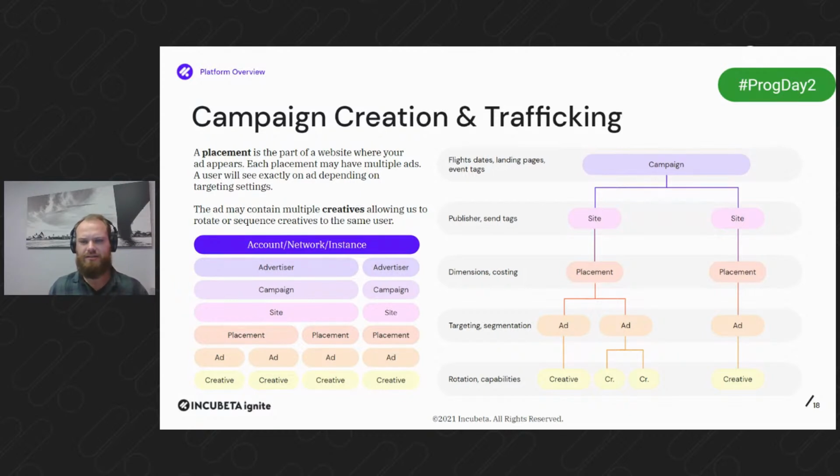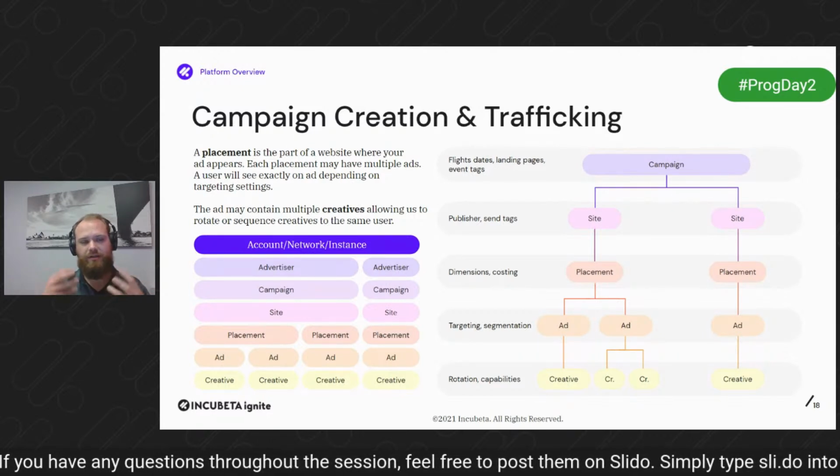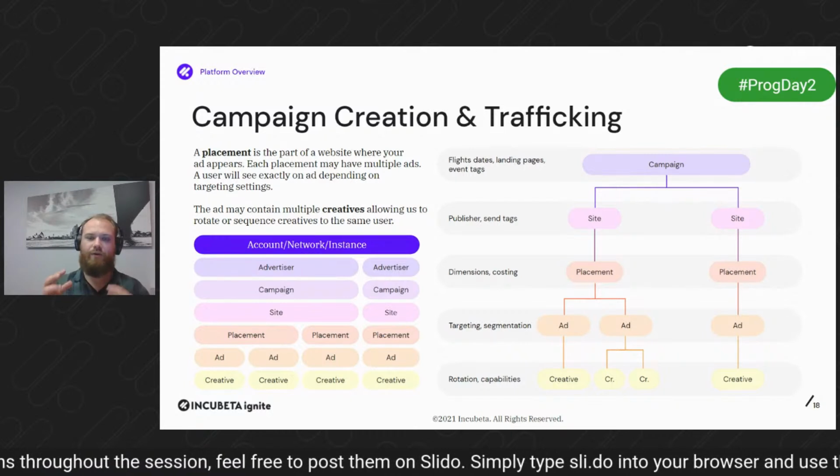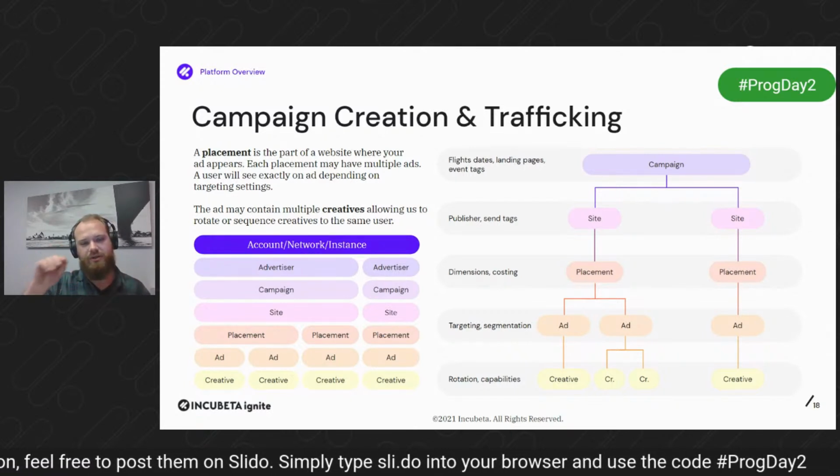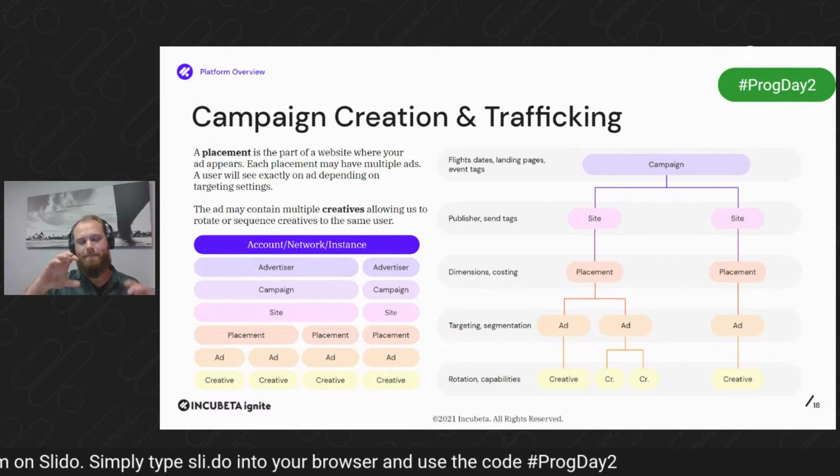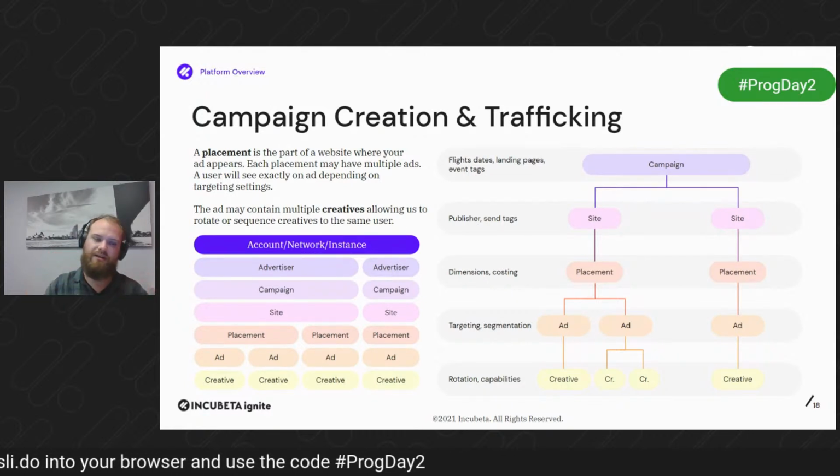The next level down is the ad, which is a way to group similar creatives together. If you have multiple variants of a similar creative, you can group them as multiple ads within one placement. Again, best practice is determined by context, and there may be various reasons to create a varying structure of your ads, because Campaign Manager within a placement allows you to rotate ads on a specific basis.